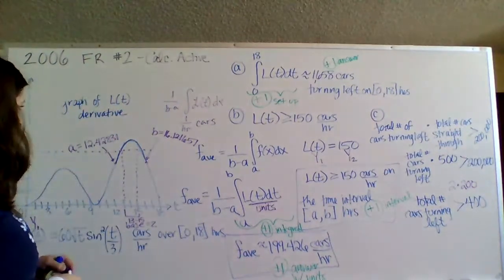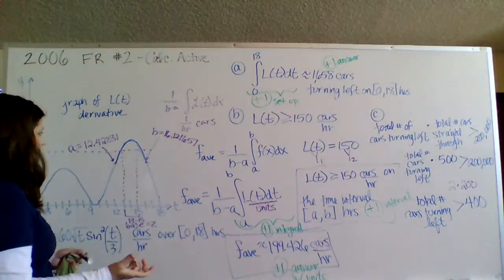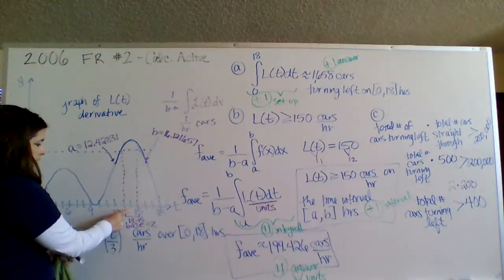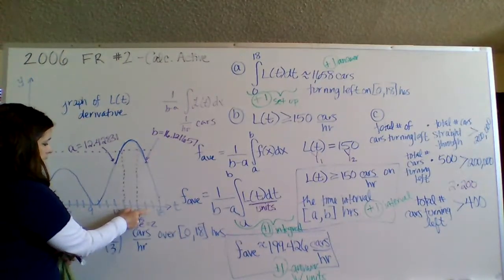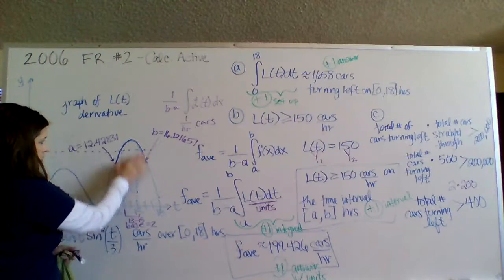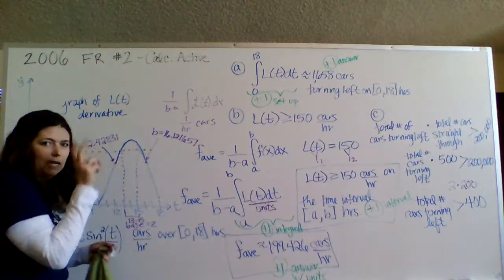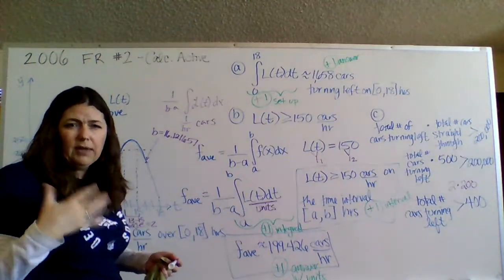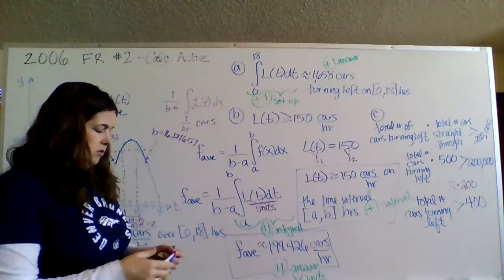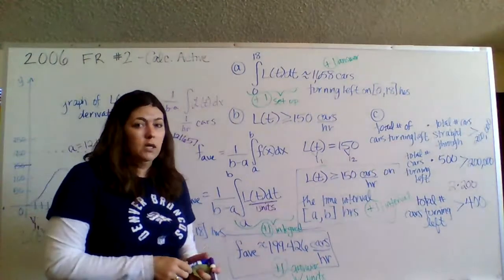And there are other spots you could go to. You just have to stay within 2 hours. You could probably do 12 to 14. You could probably do 14 to 16. Any of those 2-hour chunks look like they would have a height that would be bigger than 200 if you think about accumulating rectangles.